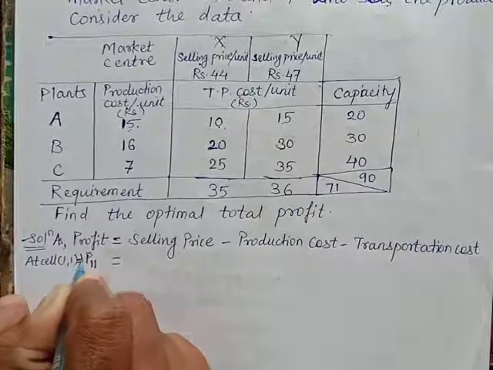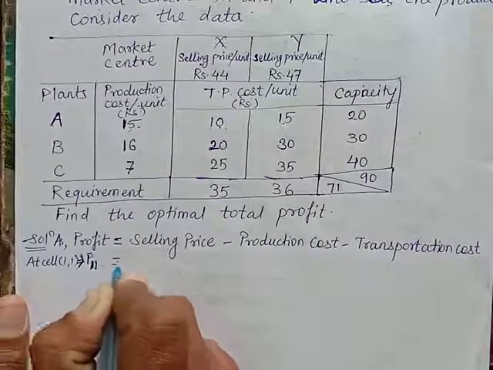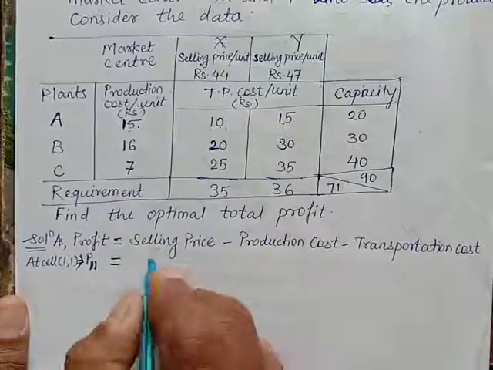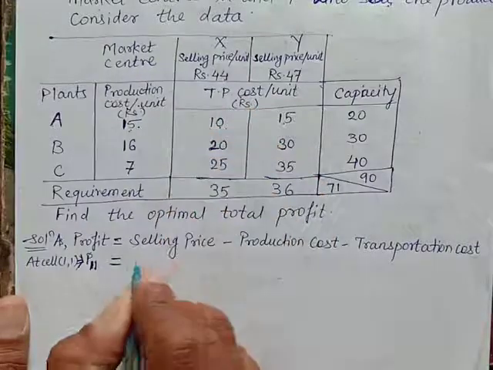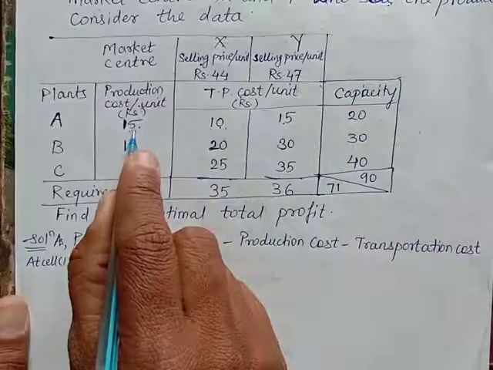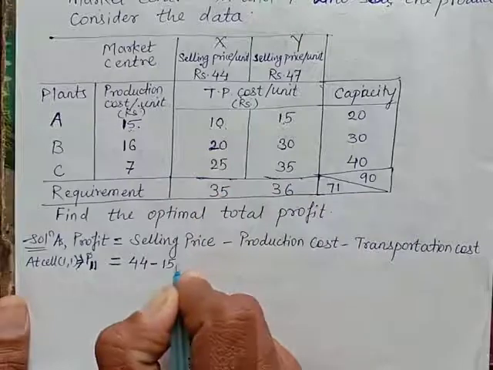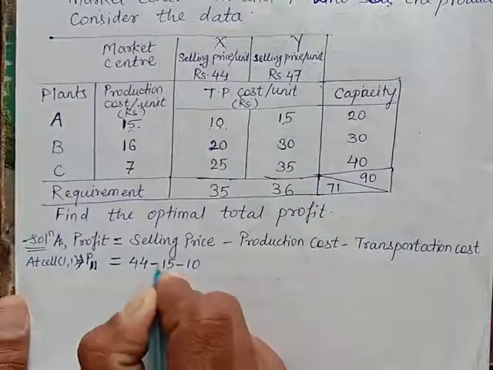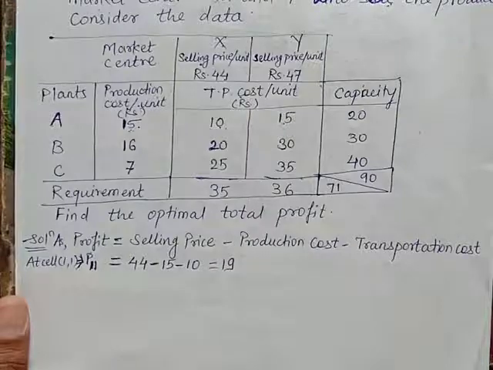P11 equals the selling price, which here is 44, minus production cost 15, minus transportation cost 10. So that is 19.